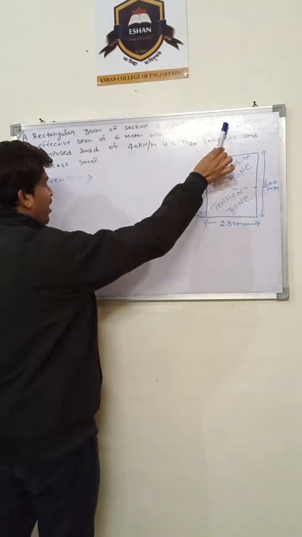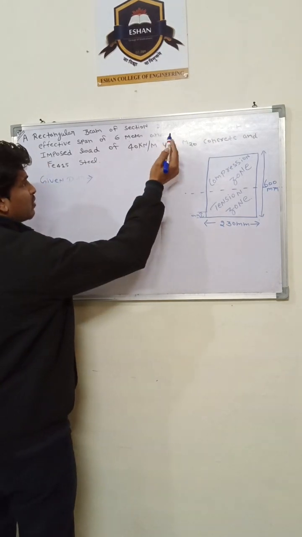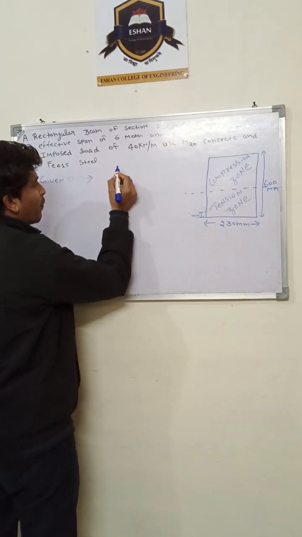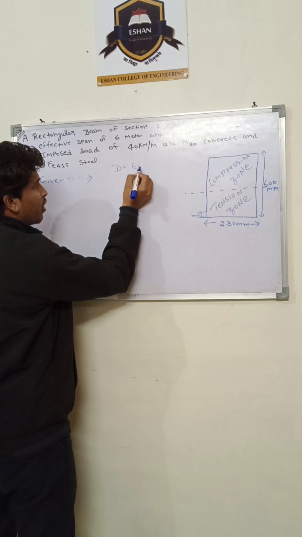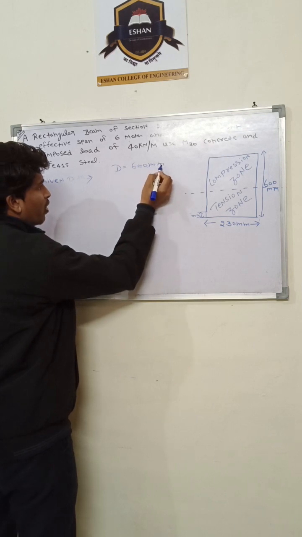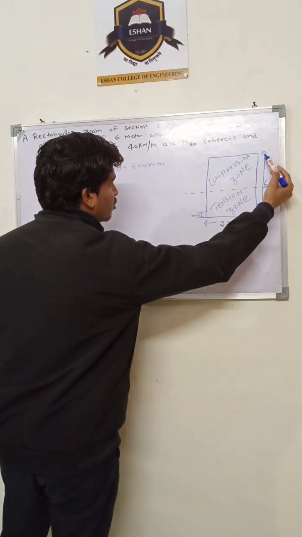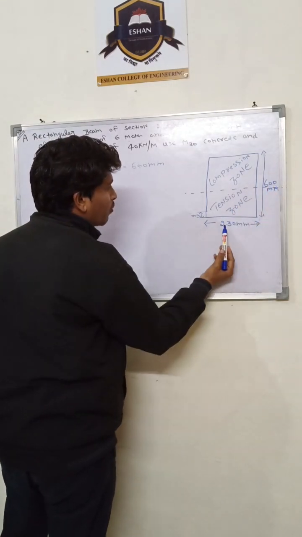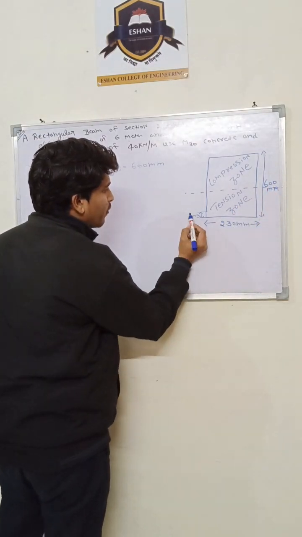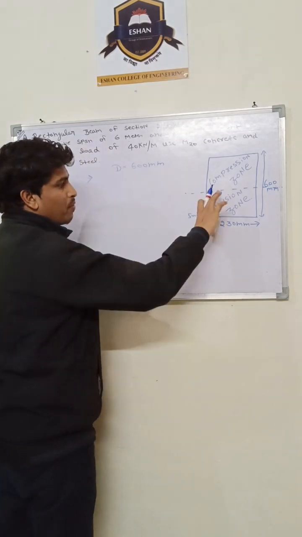Because here is 50 mm cover, and 600 mm is the capital D, we have to calculate the small d, which is the effective depth. This is the overall depth 600 mm. Width of the beam is 230 mm, and this is the 50 mm cover of the beam.